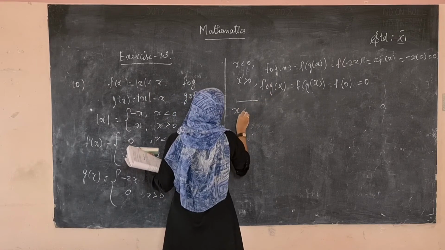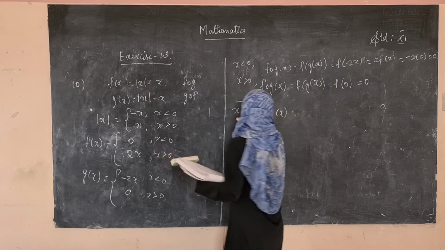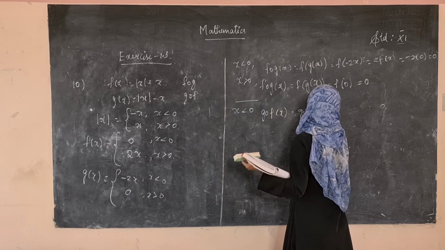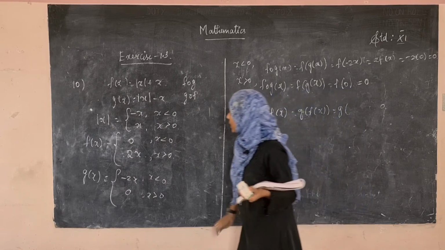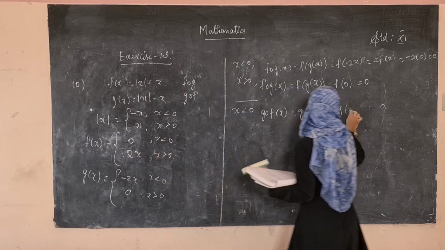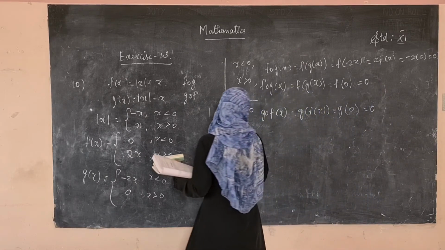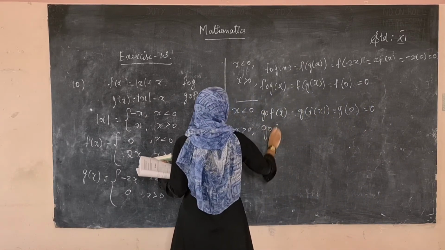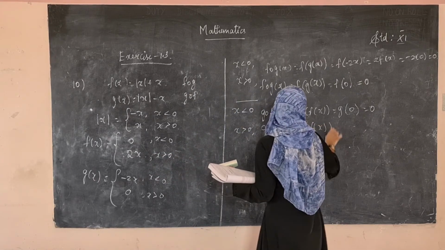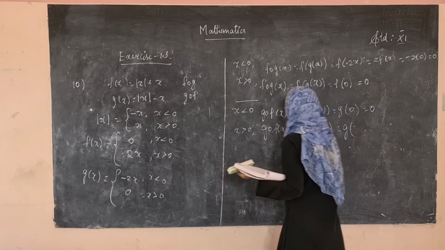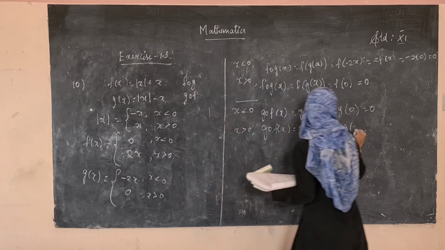Now we are going to find g composite f when x is less than 0. g of f of x. What is f of x when x is less than 0? That is 0. g of 0 is equal to 0. Similarly for x greater than 0, g composite f of x is equal to g of f of x, where f of x when x is greater than 0 is 2x.